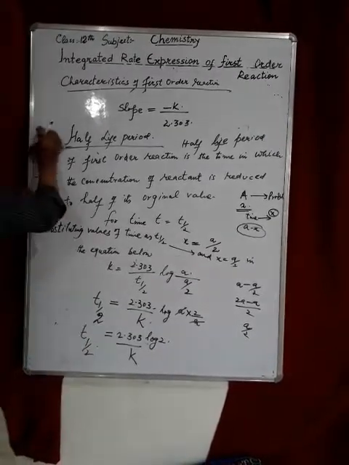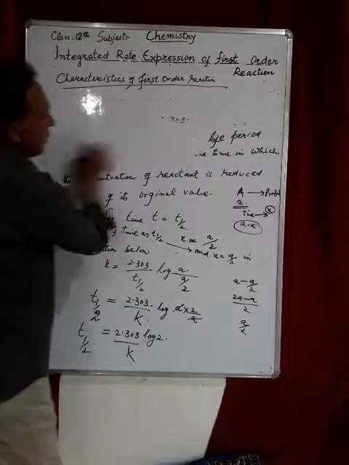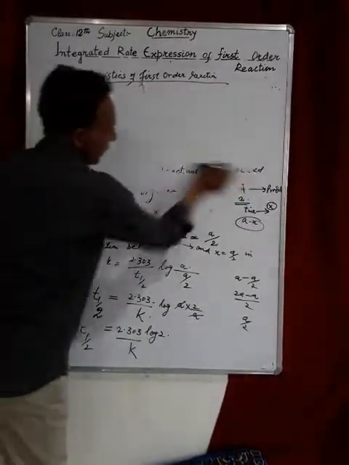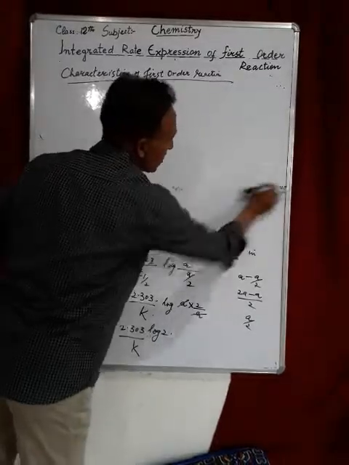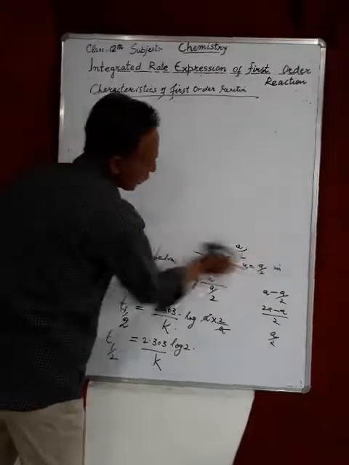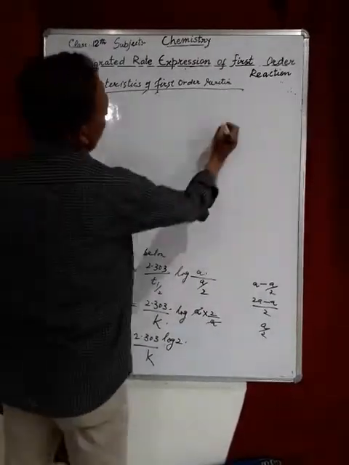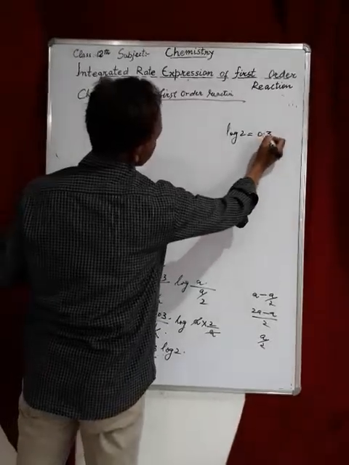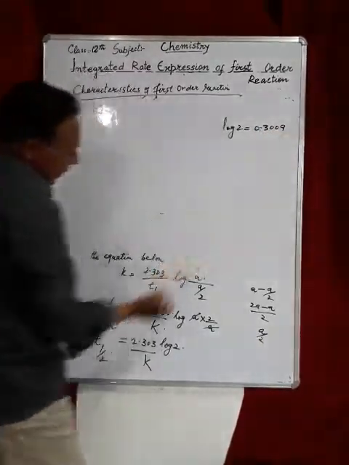Now the half-life period. From the logarithm table, we can determine the value of log 2, which is 0.3010.